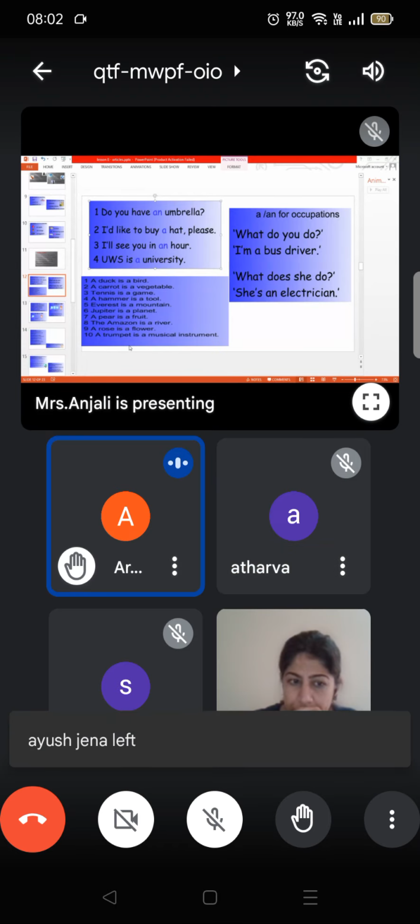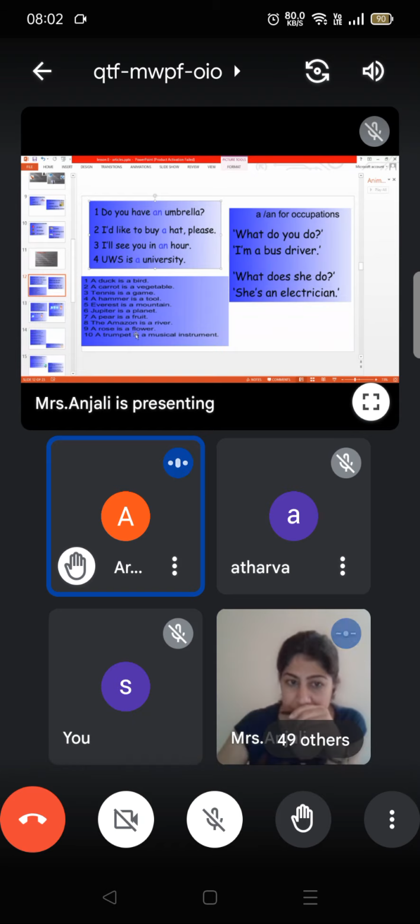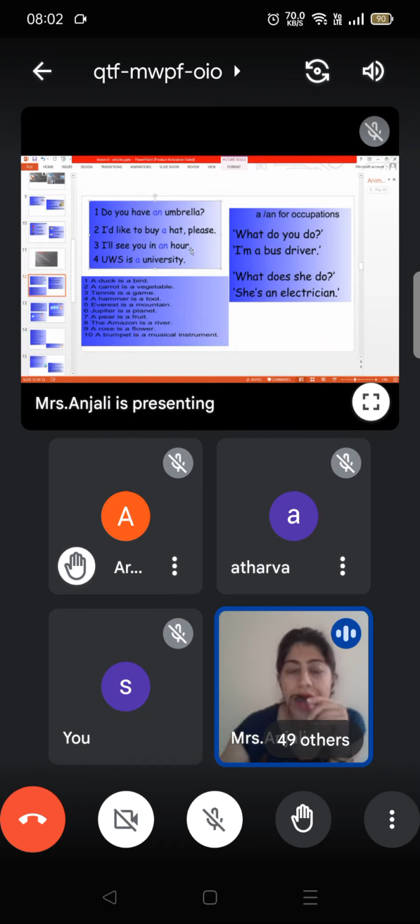It is because H is silent, so the next word starts with O. Again, O is a vowel. So honest, all these come with a vowel sound as well as an alphabet. But hat, if you see, we don't pronounce it as at. We say it as had. So the H sound comes there. So that is on the basis of the sound.